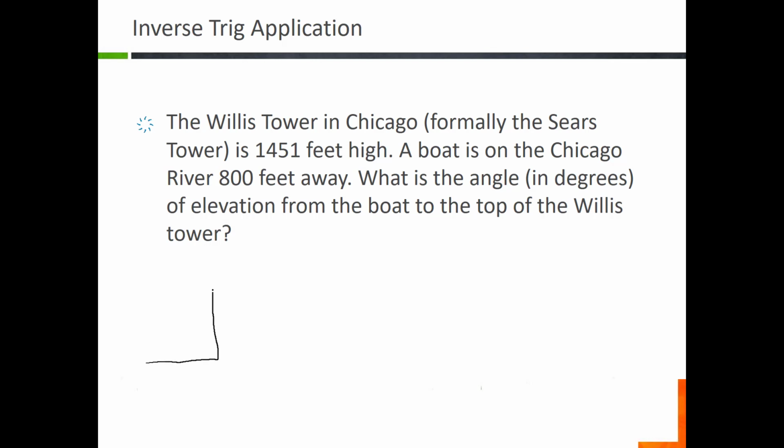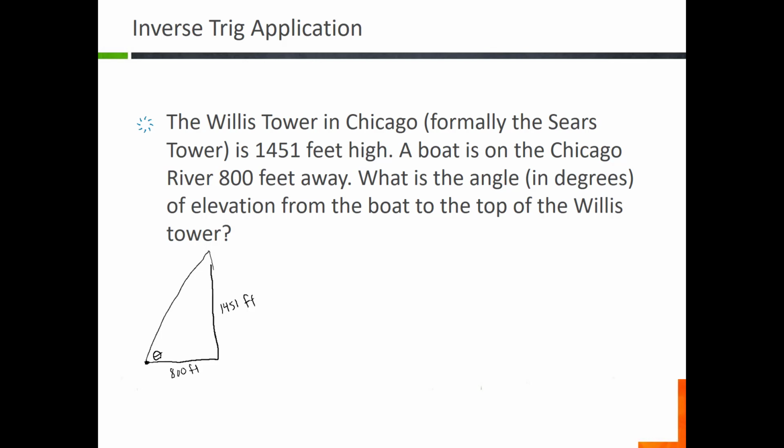We have a tower, and we know it is 1,451 feet tall. And we also have a boat sitting over here, you can draw it either way, but I drew it to the left. And I know that that distance is 800 feet. And I want to find the angle of elevation from the boat to the top of the tower. So we're trying to find theta here.